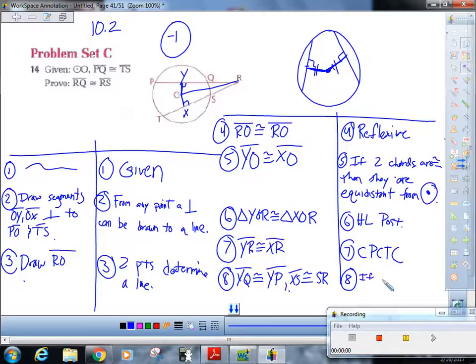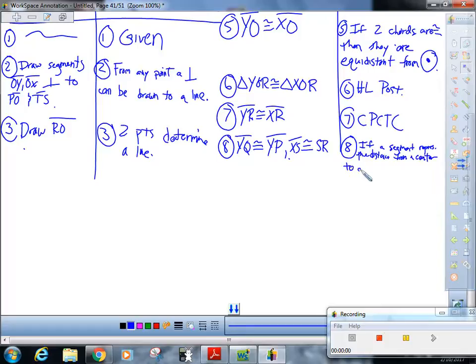If a segment represents the distance from a center to a chord, then that segment is the perpendicular bisector of the chord. Okay?